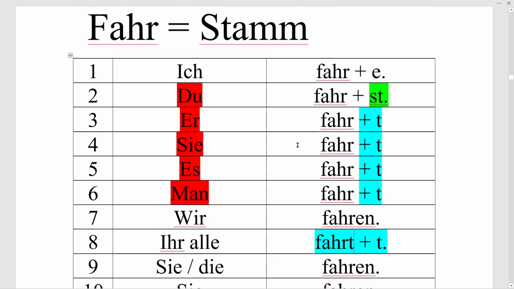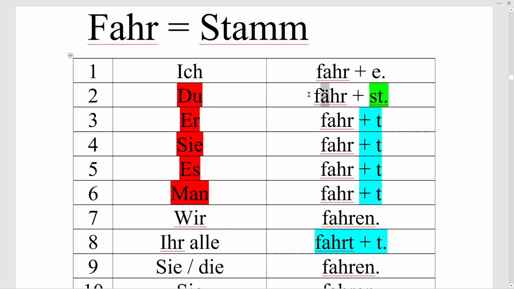Now the only thing which we change here is this a. This irregularity shows itself in second and third person singular pronouns in German. So this a changes into this ä, which has two dots above it. This ä basically has the sound of e. So you say du fährst.